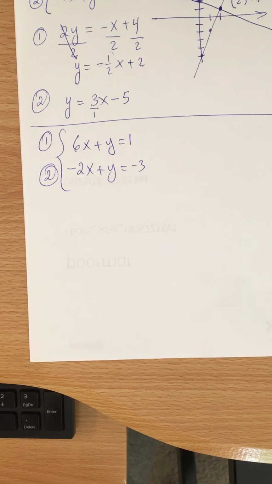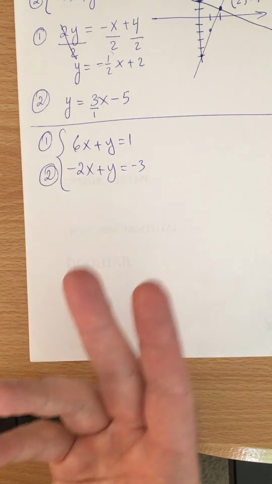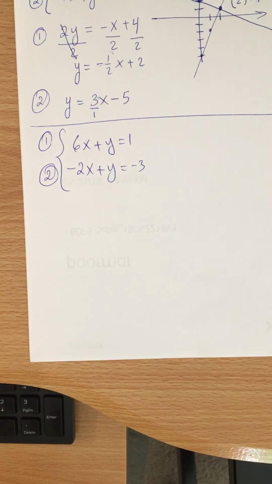It doesn't matter which variable you solve for. By the way, most of the time we use x and y, but sometimes you might see a and b as variables or other letters, or even from the Greek alphabet, alpha and beta and so forth. That doesn't matter. They're just symbols.